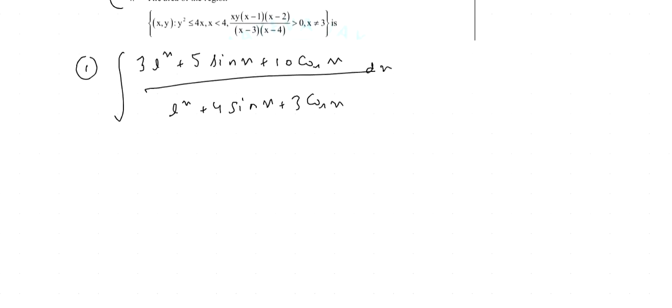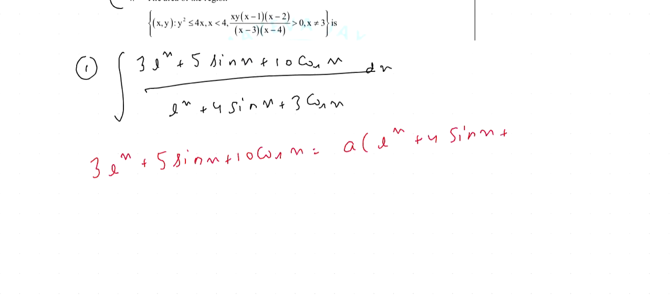Okay, so 3e^x + 5 sin x + 10 cos x equals a multiplied by the denominator e^x + 4 sin x + 3 cos x, plus b multiplied by its derivative, e^x + 4 cos x - 3 sin x.